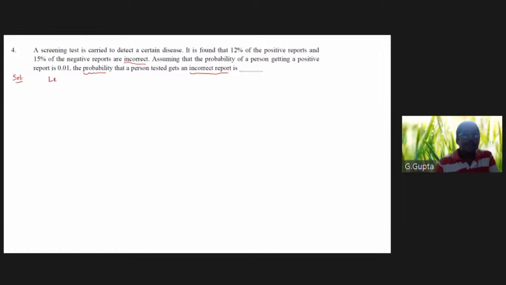So solution. Let E1 denote positive report and E2 denote the person's negative report.